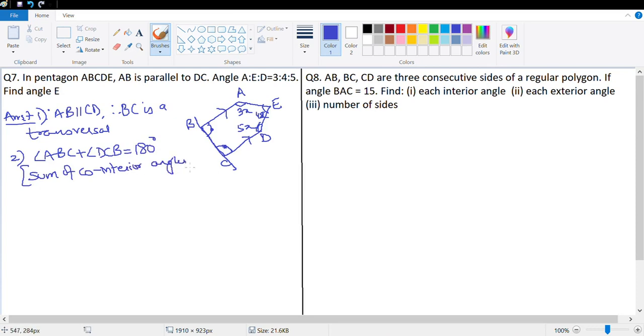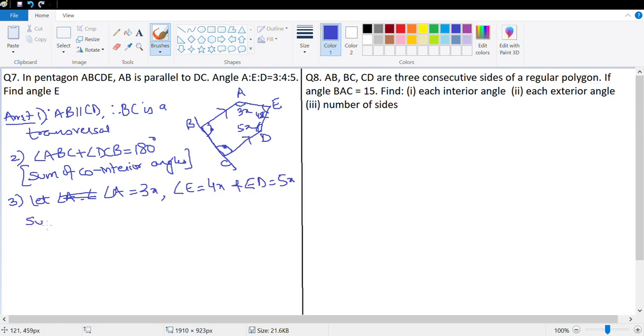Right? So the sum of co-interior angle is 180 degree. Next we said let angle A is equal to 3x, angle E is equal to 4x, and angle D is equal to 5x, because the ratio is given as 3, 4, 5. So let them be in the ratio 3x, 4x, 5x.